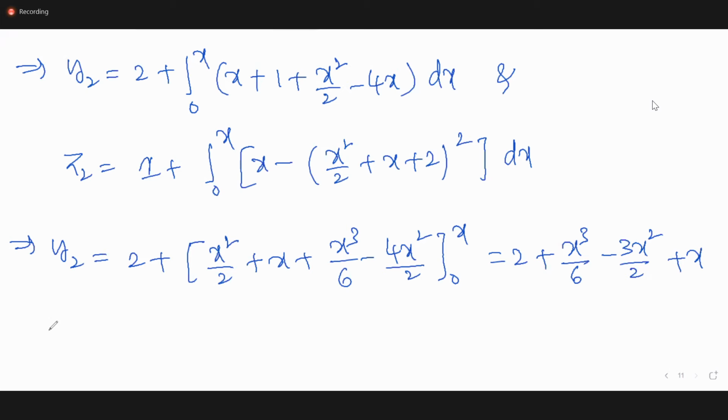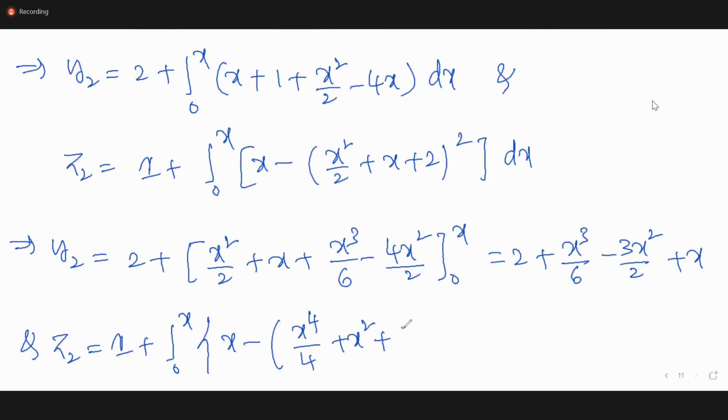This is y2. And z2 is equal to 1 plus integration from 0 to x, x minus a plus b plus c whole square, a square, b square, c square plus 2ab plus 2bc plus 2ca.